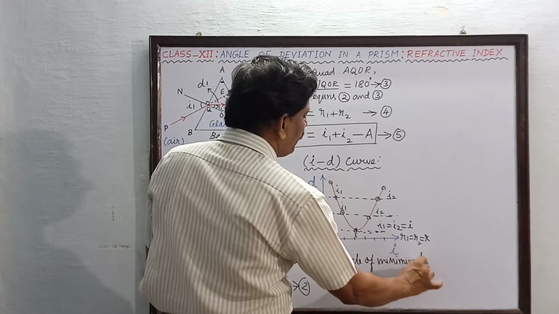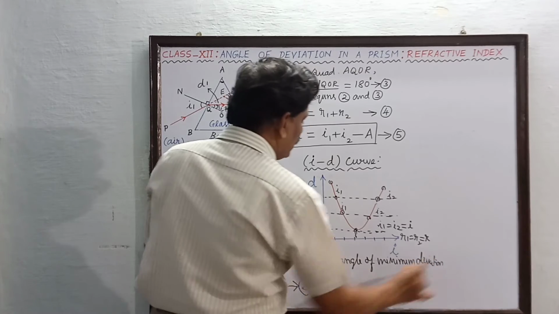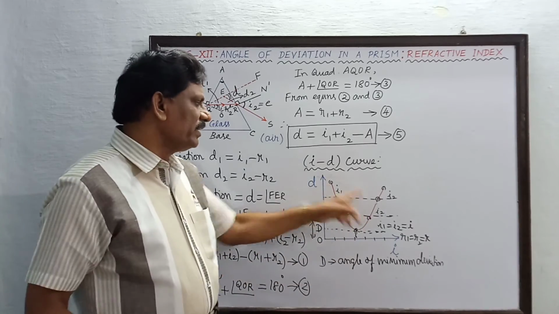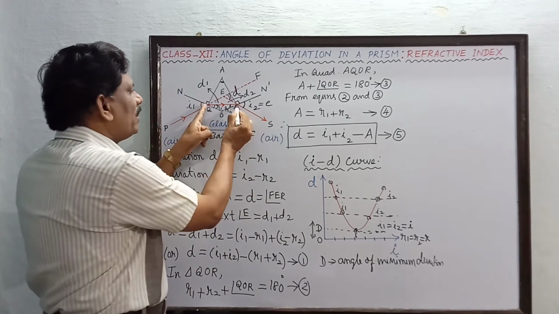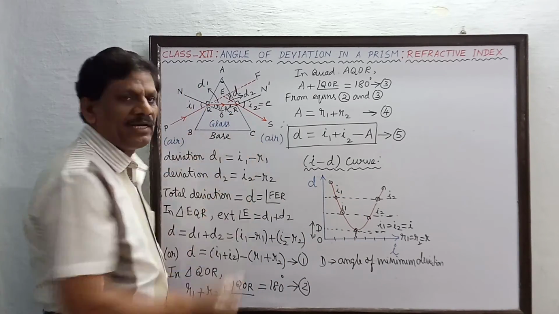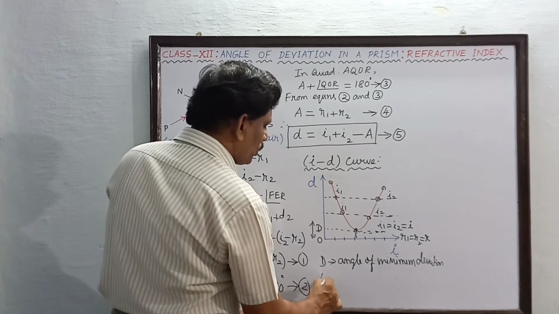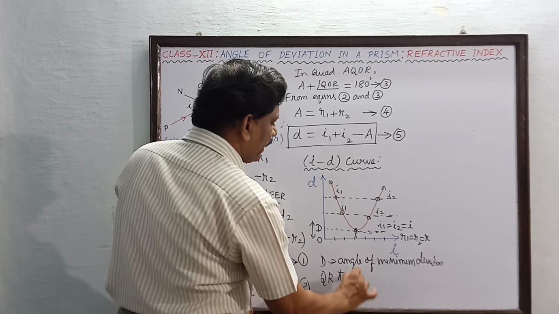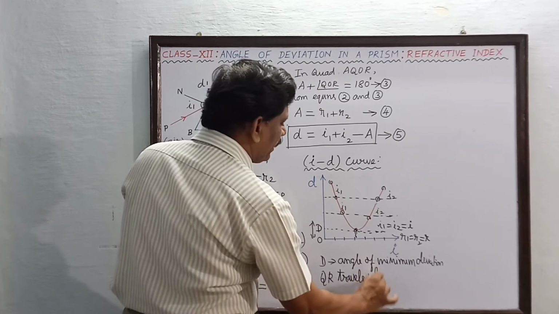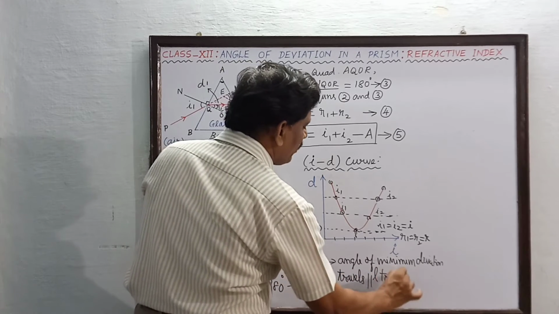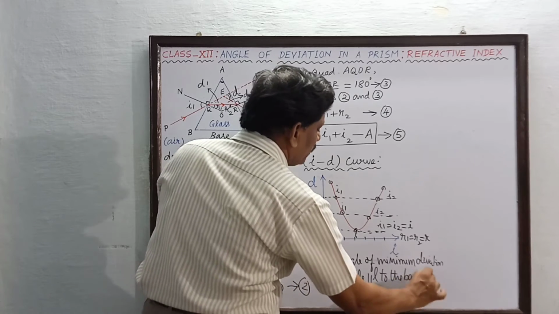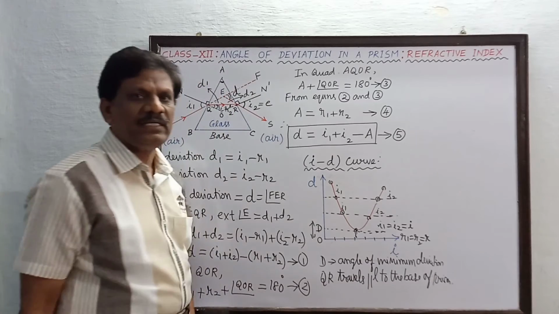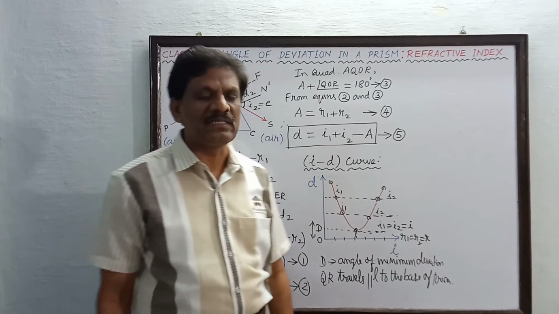So angle of minimum deviation, and here at this angle of minimum deviation, the refracted ray QR will travel parallel to the base of the prism. In all the other positions, it will not be parallel to the base of the prism.